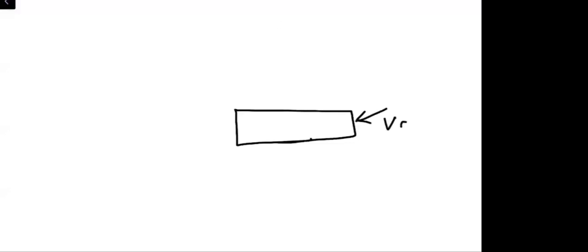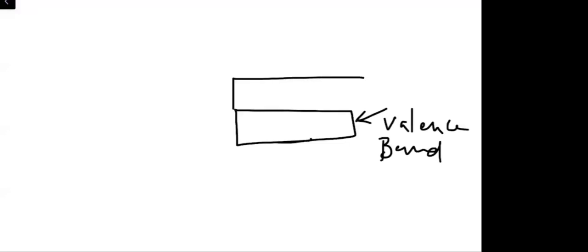The outermost shell is normally called the valence shell or valence band. And the free electrons which are available in a conductor are in another band, which is called the conduction band.